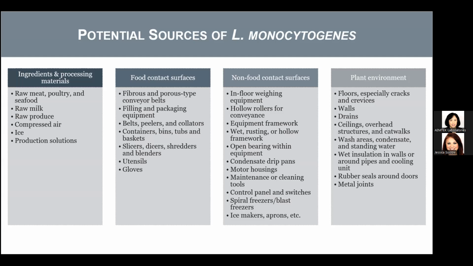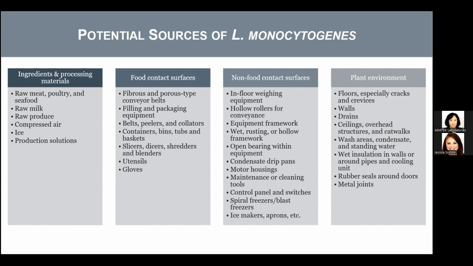And of course, utensils, gloves, and non-food contact surfaces usually have more potential to harbor pathogens, maybe because they are not as cleaned as other equipment, and also most of the time because they may be complex, right? Like the hollow rollers, they're pretty hard to clean.